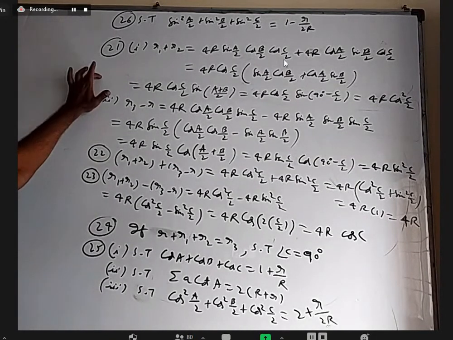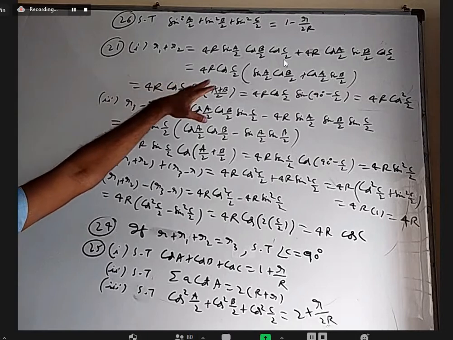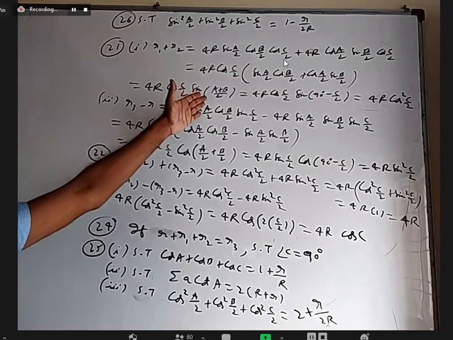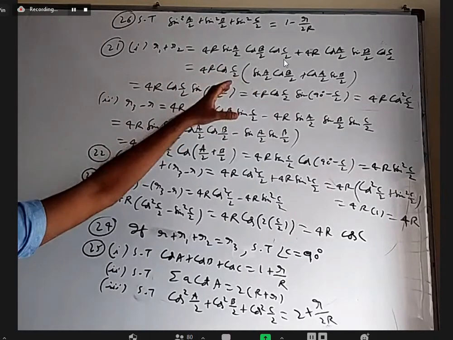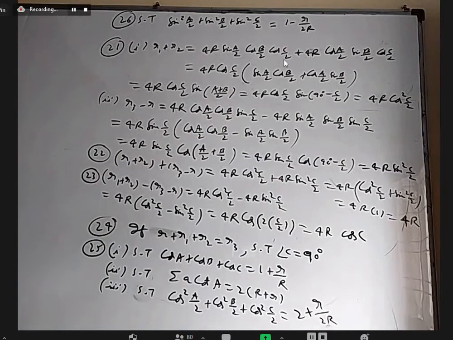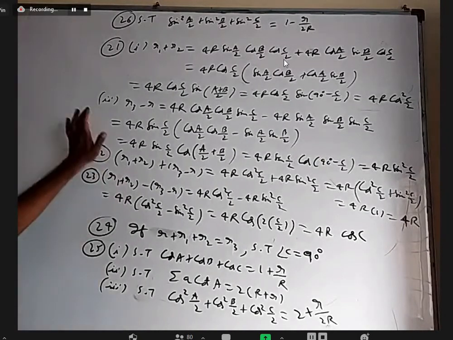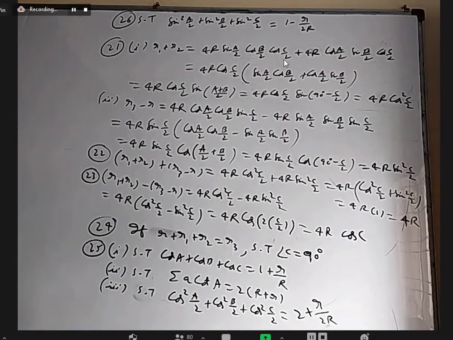Especially 21, is everybody able to follow this, that we just use the formulas, took whatever is possible to take common, some kind of sin A plus B or cos A plus B formula? Retamde, are you there in the class? Yes, sir. You're able to follow 21? Yes, sir. Okay.